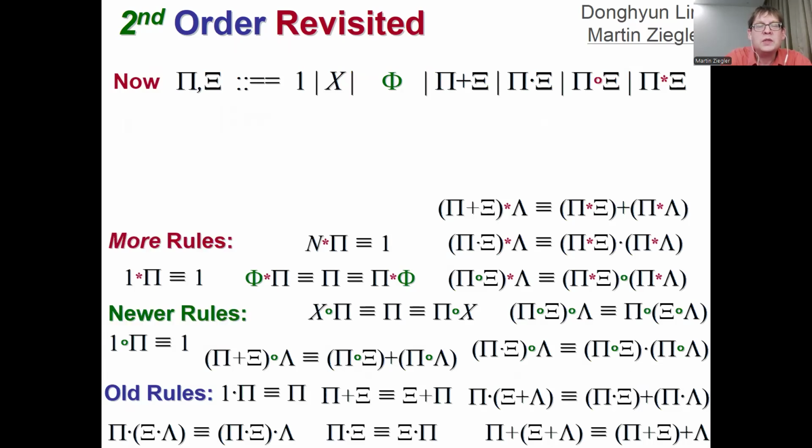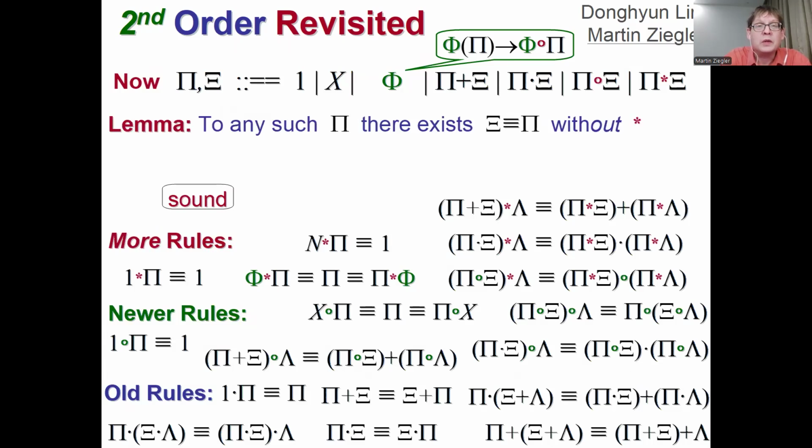So these new rules we turn into syntactic axioms, so that by construction again they are sound, and it turns out that they're also complete. Namely, this defines the same class of second order polynomials, just from a different perspective than we have seen before.